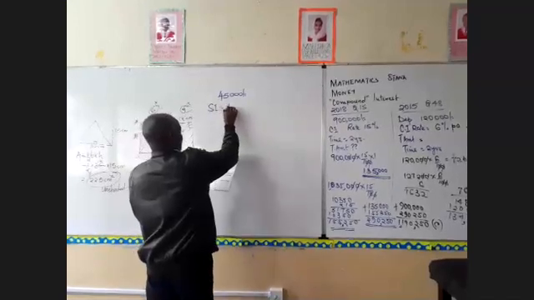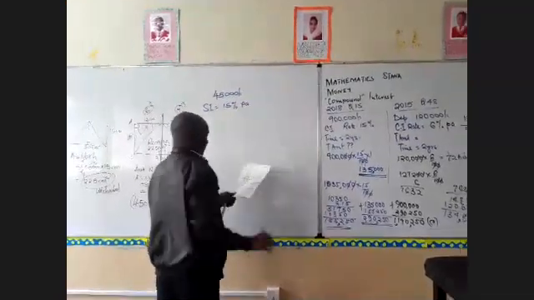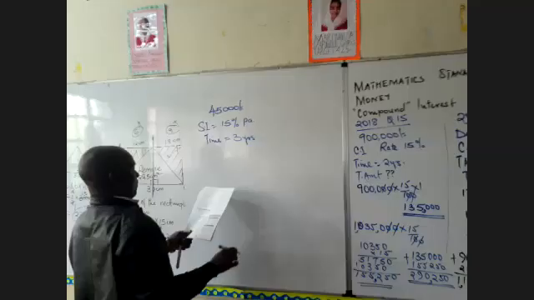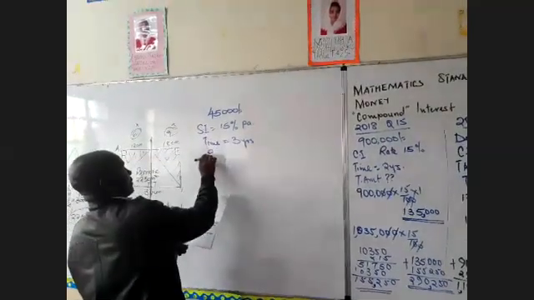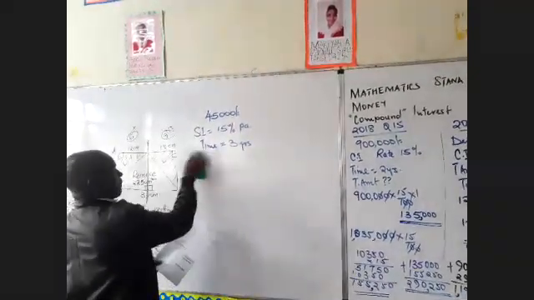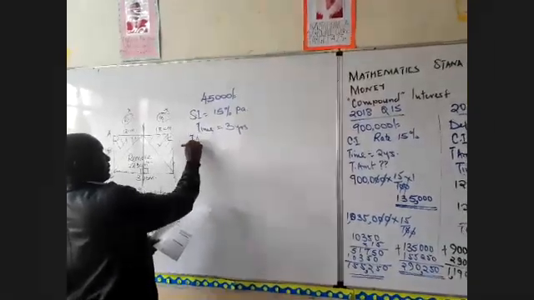If he repaid all the money borrowed plus interest after 3 years, how much did he pay? What is the total amount?